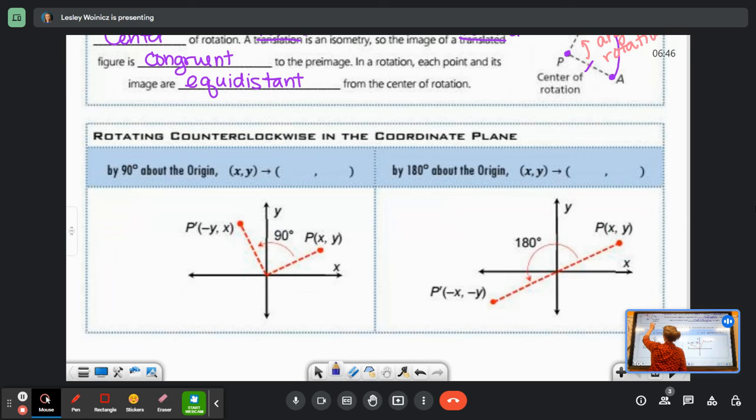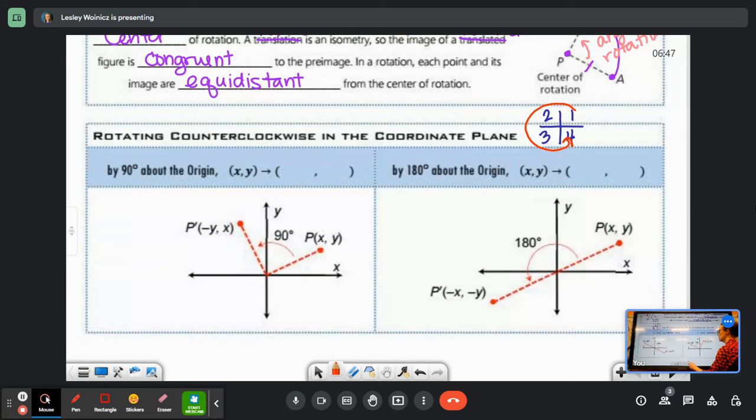You might remember that the quadrants are numbered 1, 2, 3, and then 4. It's not an accident that they're numbered in the counterclockwise direction. That's the positive direction for math. So we're going to talk about positive first, rotating counterclockwise in the coordinate plane.